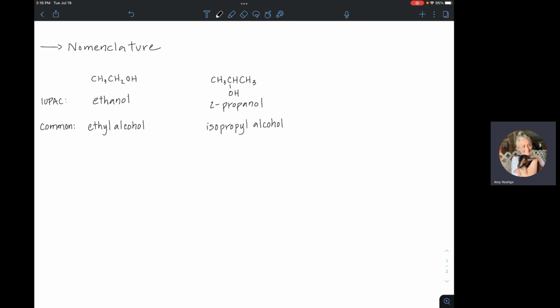So oftentimes we'll take common names for alkyl groups and we'll use them in IUPAC nomenclature. And often we do that for super common molecules, or sometimes you'll see it done where it's easier to give the common name for the alkyl group and use it in systematic nomenclature because there are other substituents on the molecule, and it's more convenient to have a number to identify what carbon they're on, right? So sometimes it's just a little bit easier to put the two different systems together.